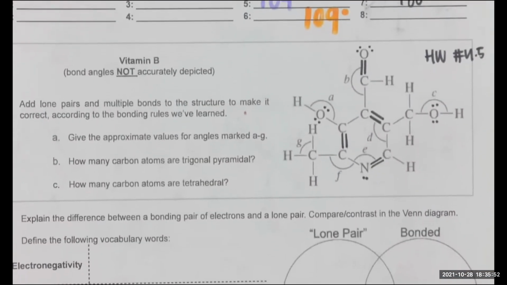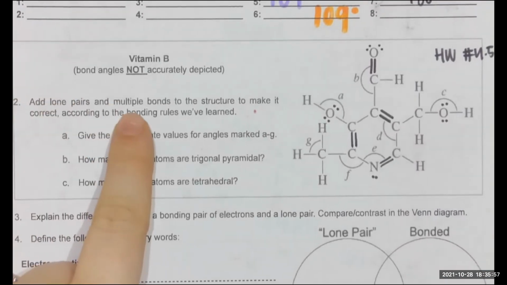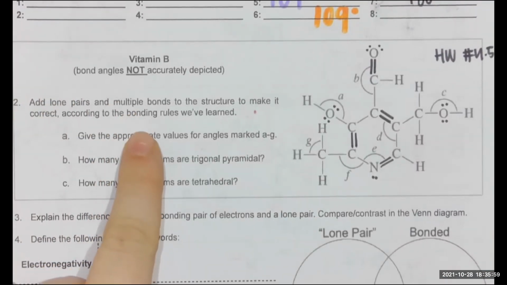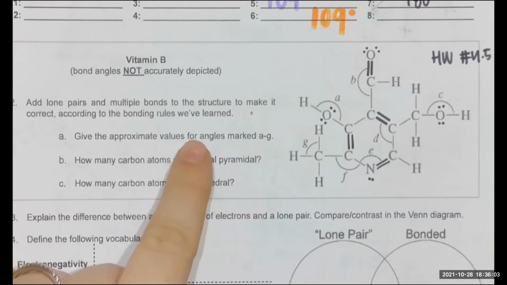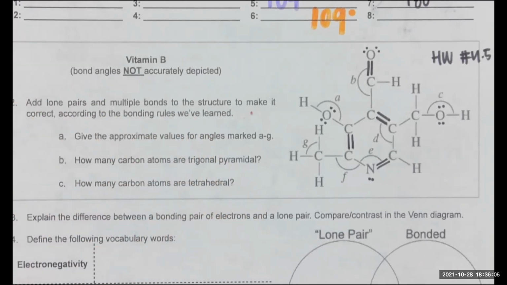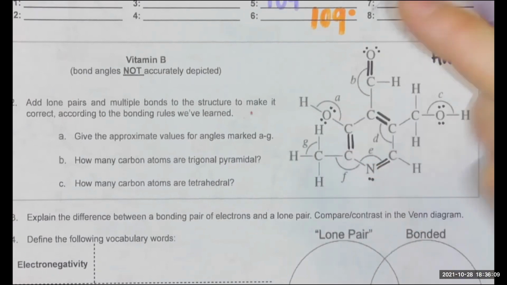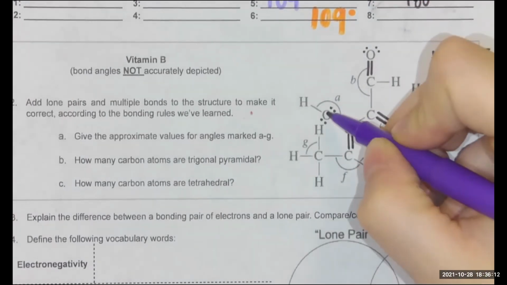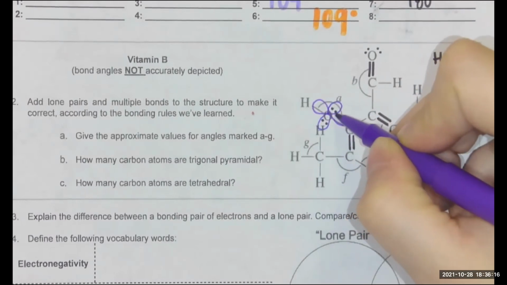The next part, we fixed the picture by adding lone pairs and multiple bonds to make it correct. And now what we're doing is giving the approximate values for angles A through G. So for angle A, it's talking about this oxygen. Same as up top. 1, 2, 3, 4 things.